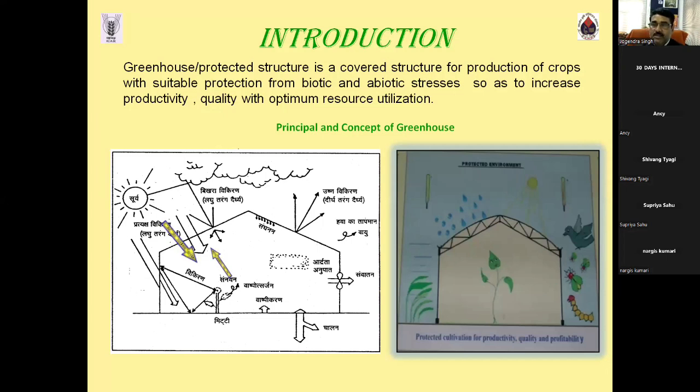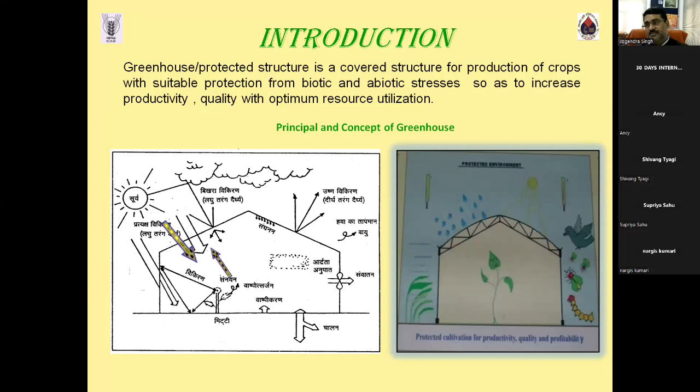But nowadays horticulture scientists have created the name protected cultivation, because a protected structure, polyhouse, glasshouse or net house, protects against biotic and abiotic stress: wind velocity, insects, pests, sunshine, temperature, cold wind, snow, and many other abiotic stresses.